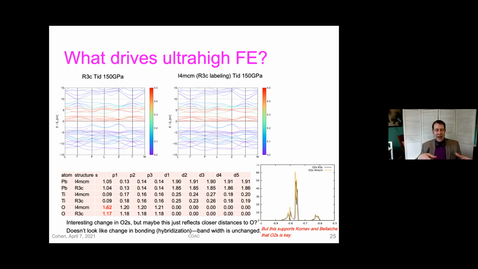But this is how many electrons of angular momentum 0 are inside a sphere of about 1.55 Bohr around an oxygen. The thing that's so clear is that the ferroelectric structure has much less of this oxygen 2s in the sphere than the non-ferroelectric.